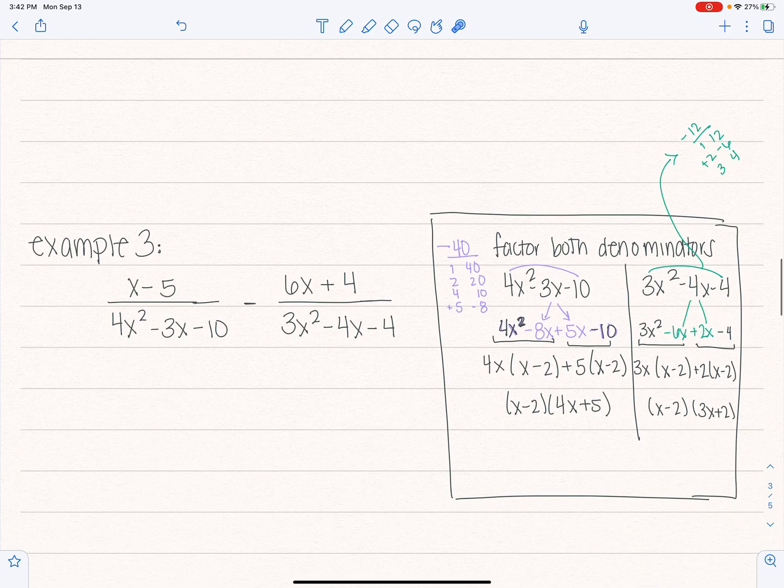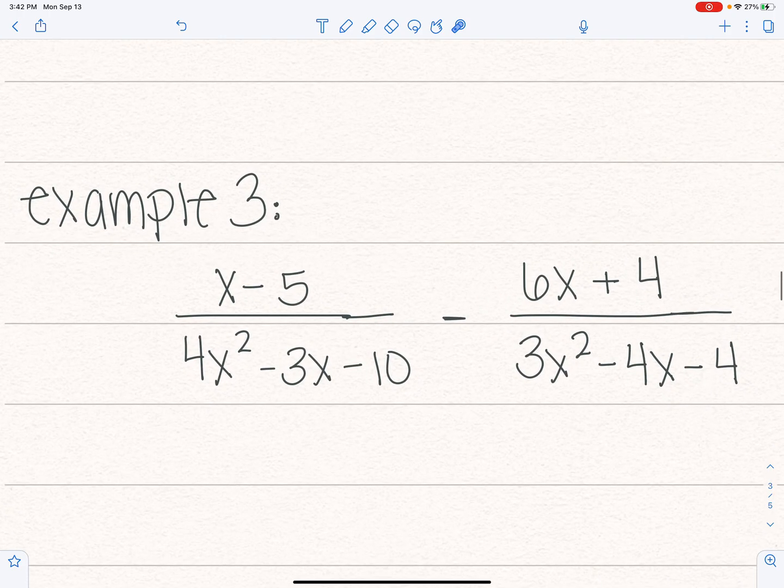All right, so example 3 is going to be a little bit more complicated than we've seen up to now. And so my fraction is x minus 5 over 4x squared minus 3x minus 10, and minus 6x plus 4 over 3x squared minus 4x minus 4.